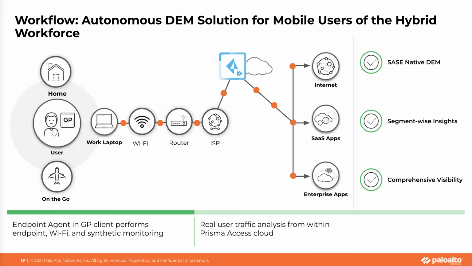The workflow of the ADEM solution starts with receiving data from the endpoint. It is processed with GP-integrated endpoint, Wi-Fi, and synthetic test data, plus traffic visibility from Prisma Access. This is due to having installed agents, and it is automatically installed when you are setting up your GlobalProtect.